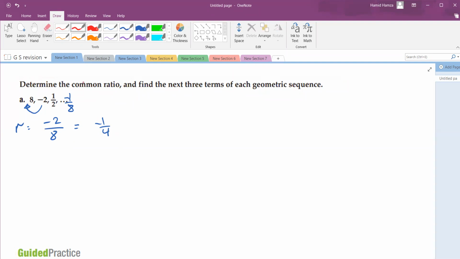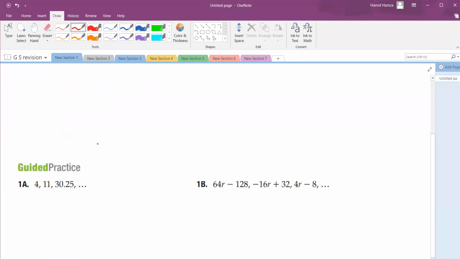And multiplying it by -1/4 again gives 1/32. Multiplied by -1/4 again, it will be -1/128. So these are the next three terms.